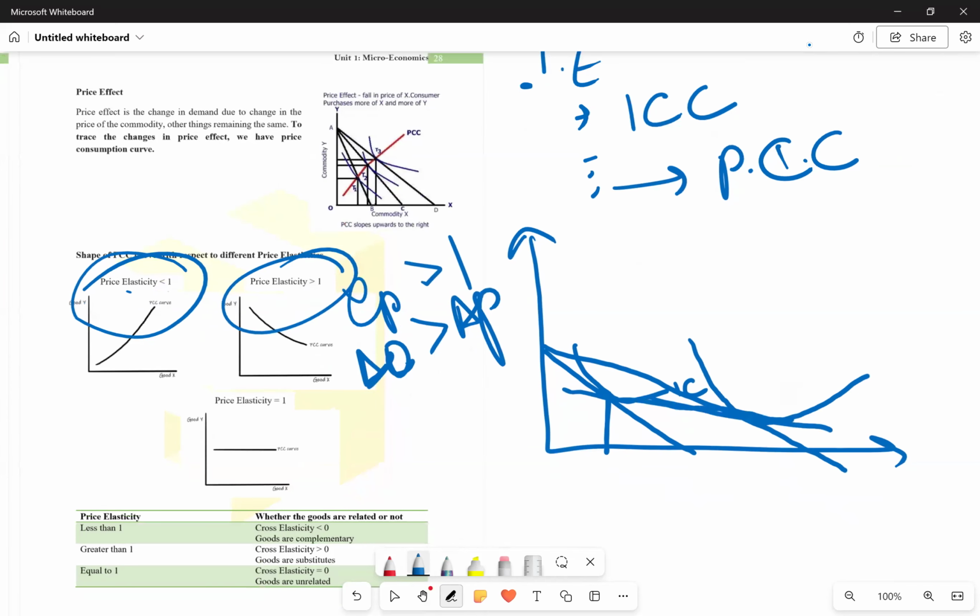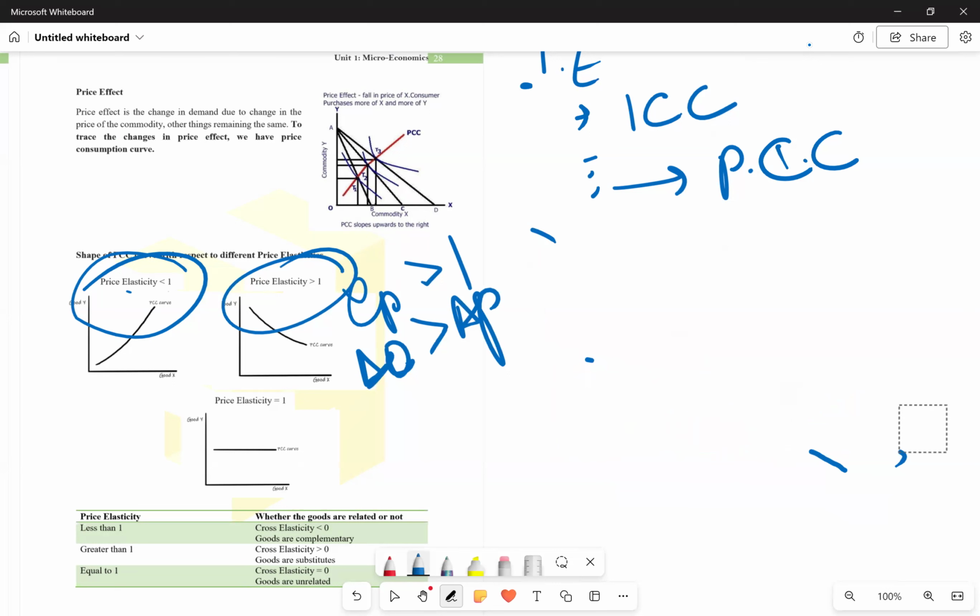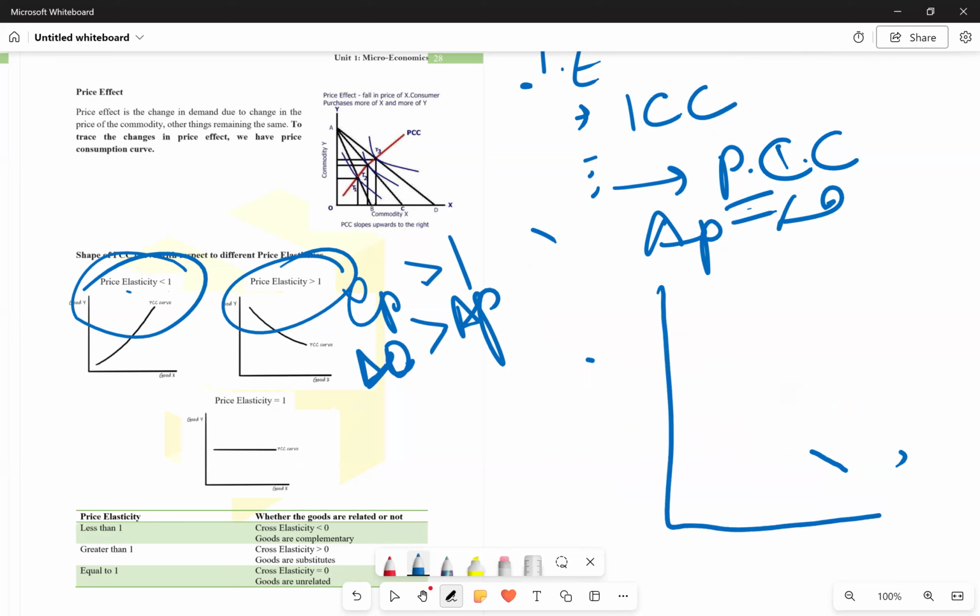Okay. Then, what about the horizontal PCC? This will be when the proportionate change in quantity demanded is equal to the change in price. So this will happen when your PCC curve will be horizontal. Let's just see this.